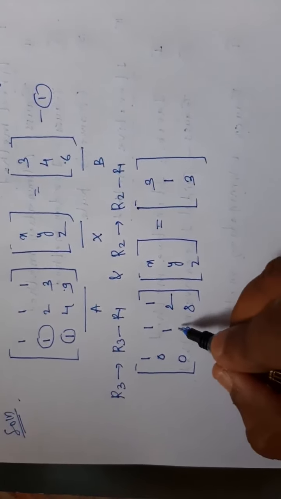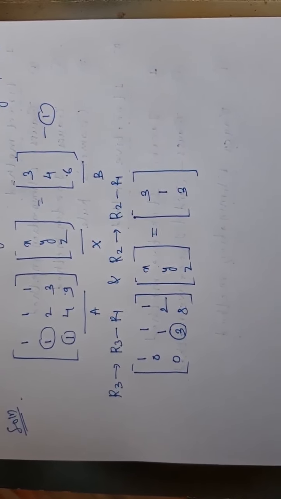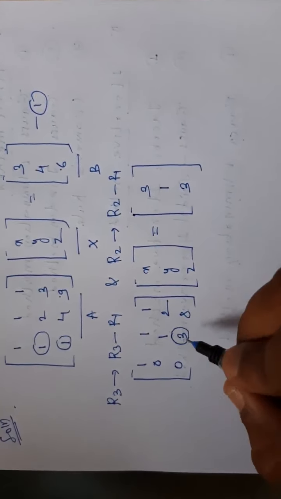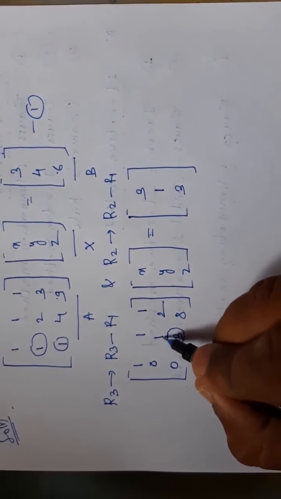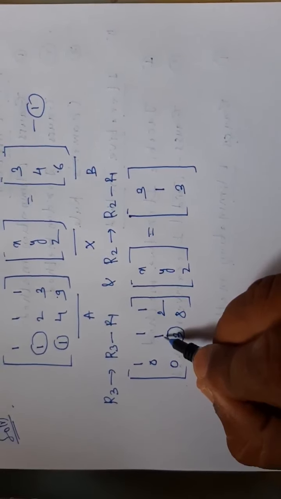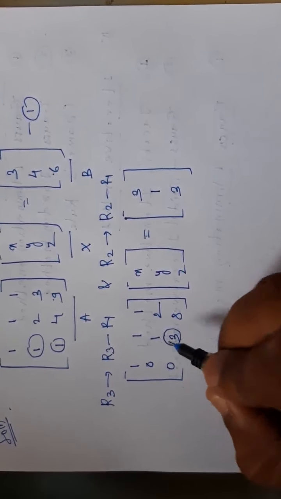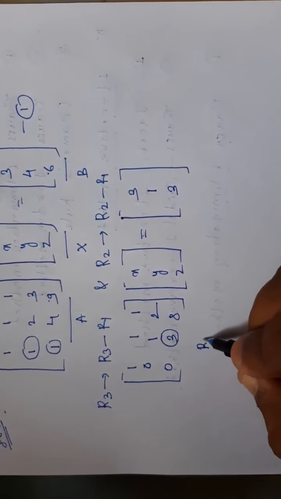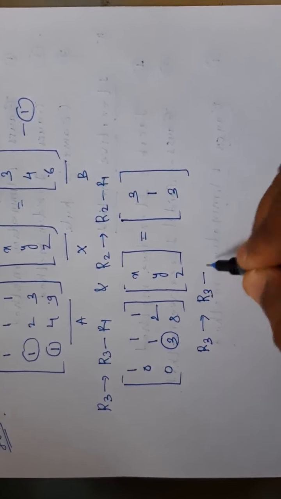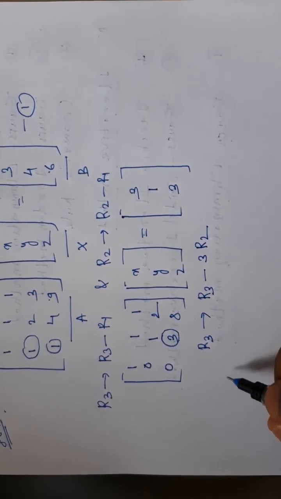Next step, I will make this one 0 to convert the matrix into an upper triangular matrix. Here we are having 3 and here we are having 1. To make this element 0, I will multiply the second row by 3 and take the difference of R3 and R2. So R3 is equal to R3 minus 3 times R2.